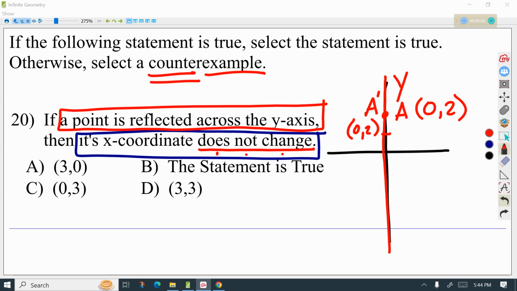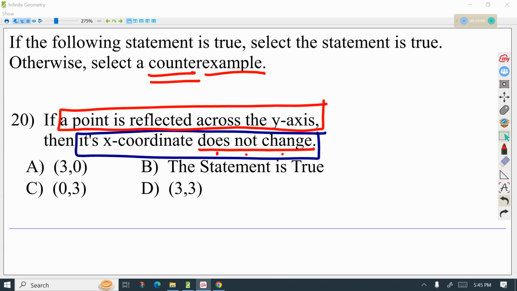So for me to produce a counterexample to this, I need to find a point that when I reflect it across the axis, the x-coordinate does change. We'll go do that really quick, and you should see what the answer is in a second. Like I said, I accidentally put two correct answers here, so my fault. Let's start off with A. We'll start off with (3, 0).